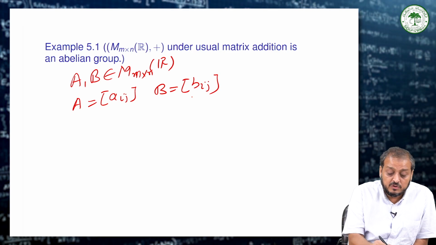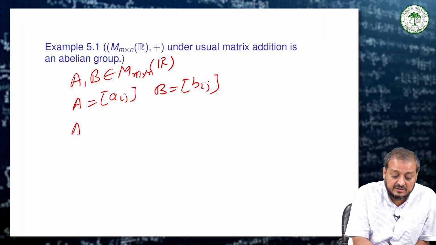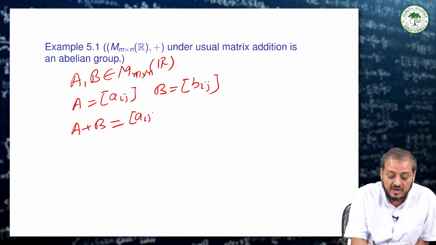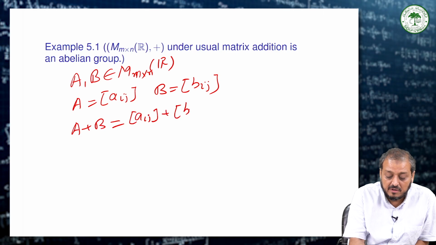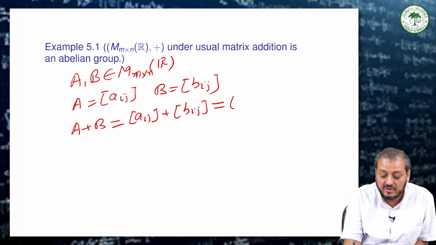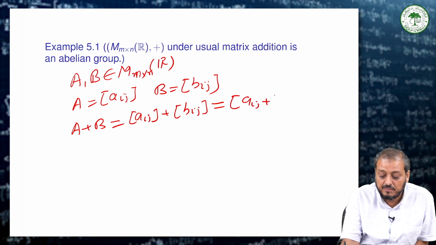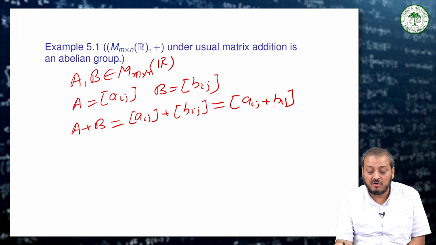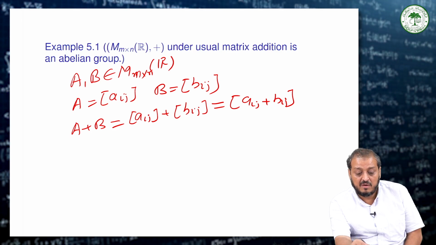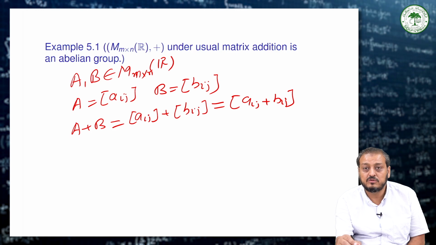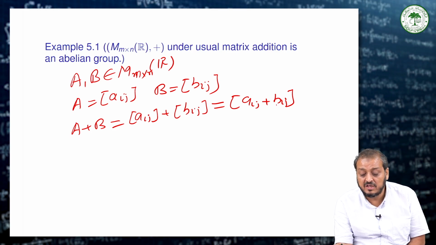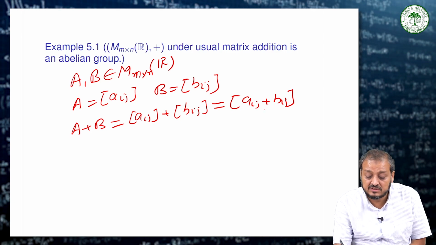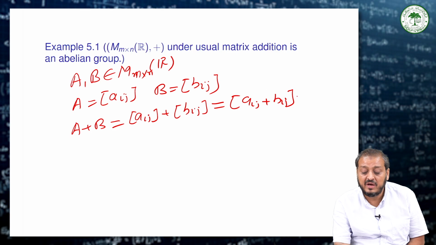Under addition, A plus B is written as A of ij plus B of ij. Since Aij belongs to R and Bij also belongs to R, Aij plus Bij belongs to R. All elements of this are in R, so this is again an m by n matrix over R.